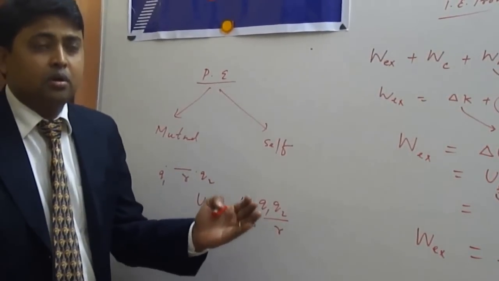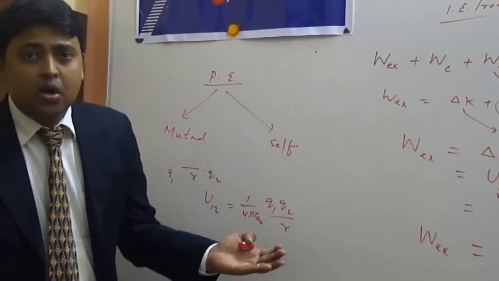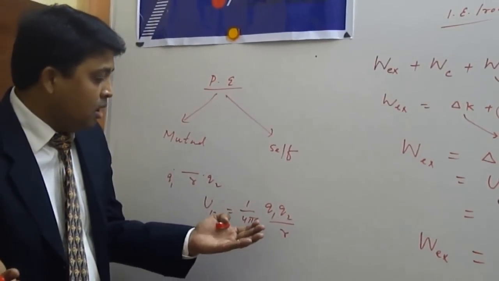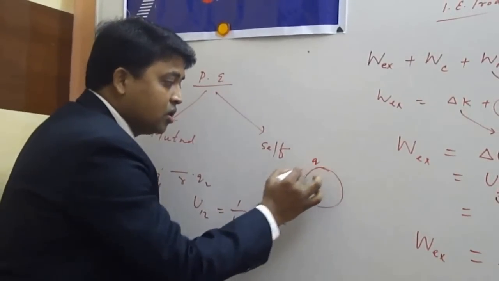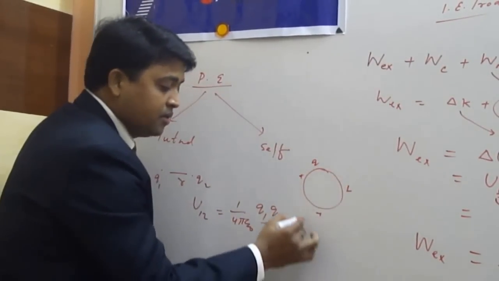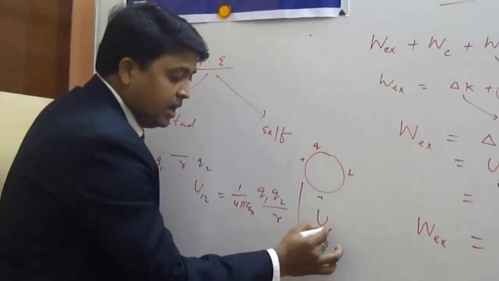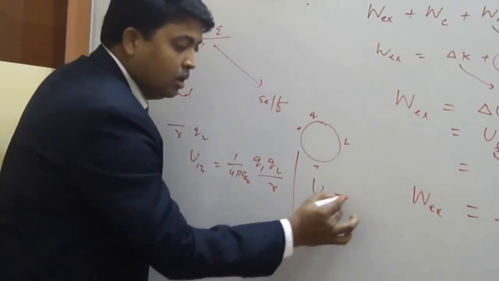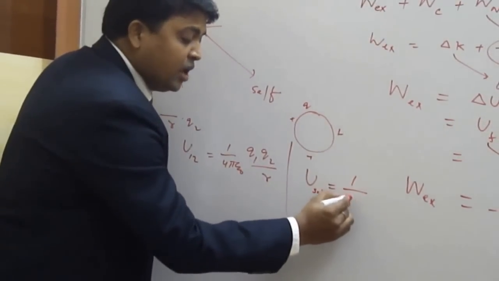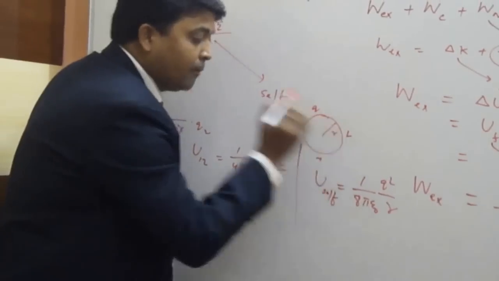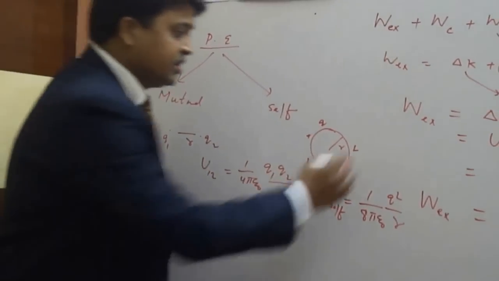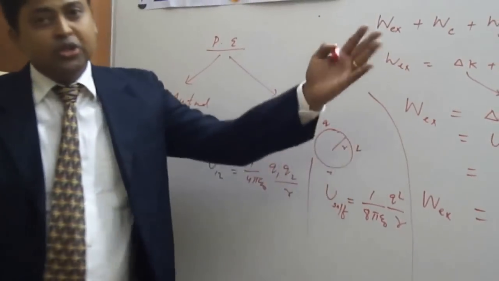It is defined for a charged object, not for a point charge. We have already calculated for a metal shell with charge Q on its surface, the self potential energy is 1 by 8 pi epsilon naught q square by r. Let us apply this concept here and do this problem.